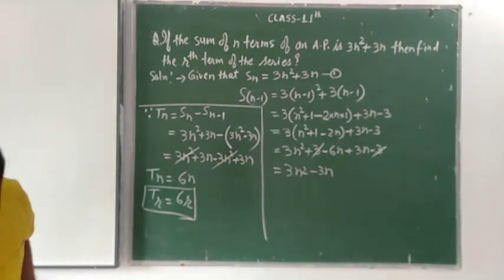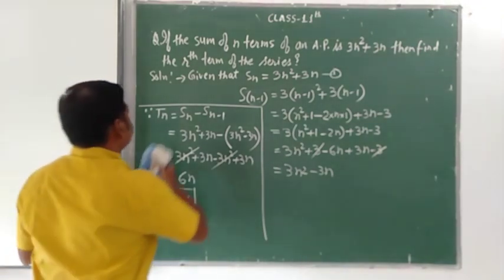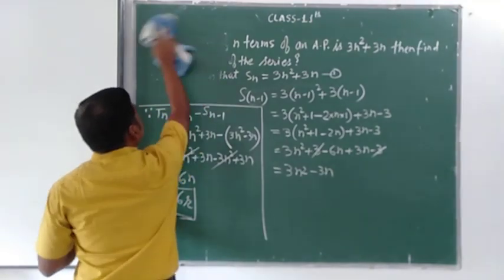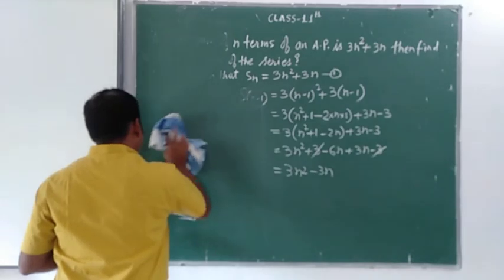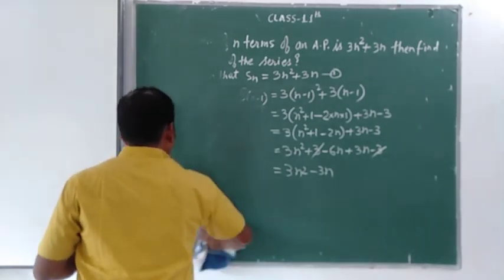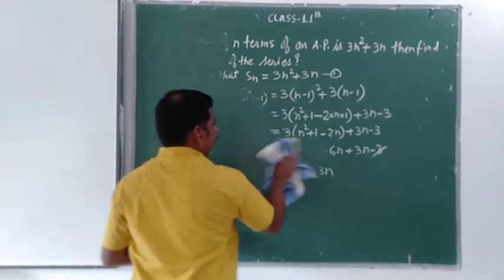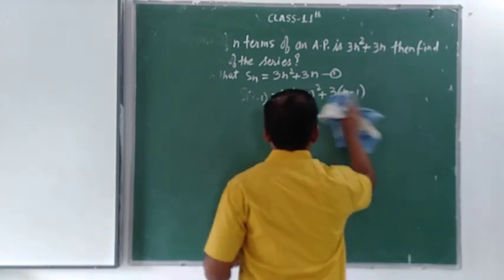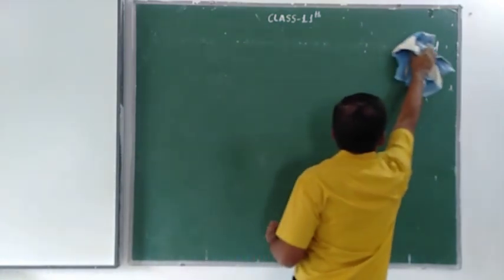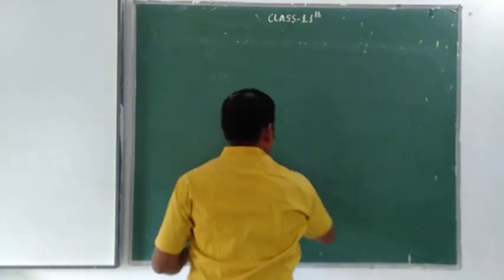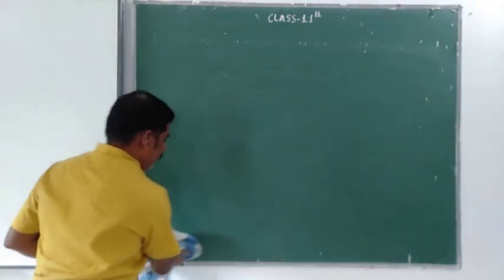Now, next question. So now we know the formula for the nth term in two ways. First one is Tn is equal to a plus n minus 1 into d.